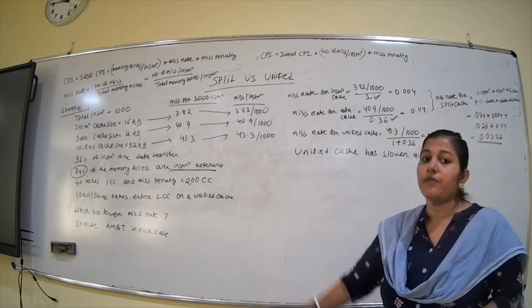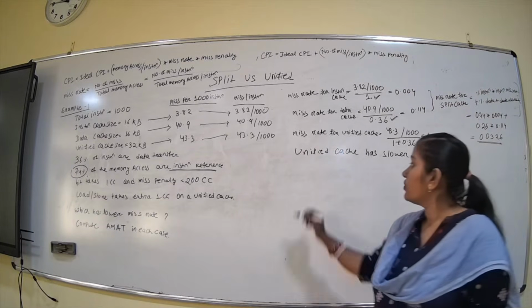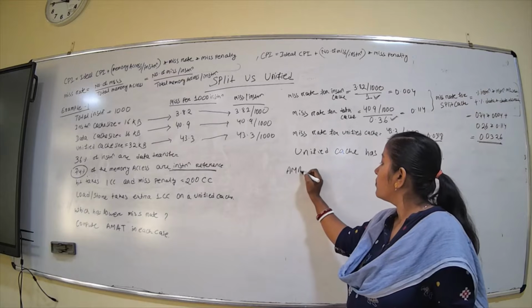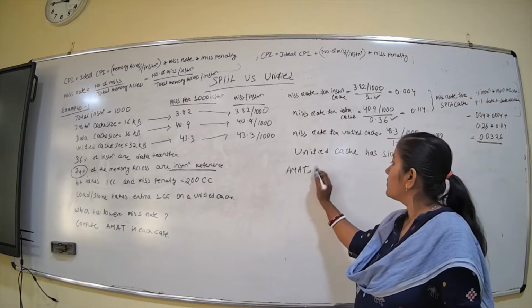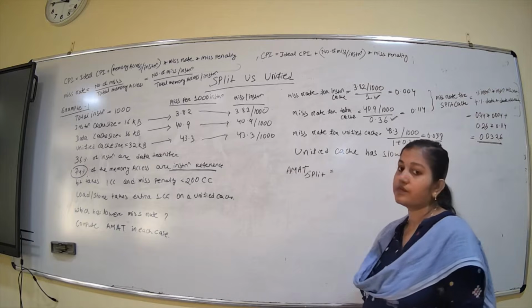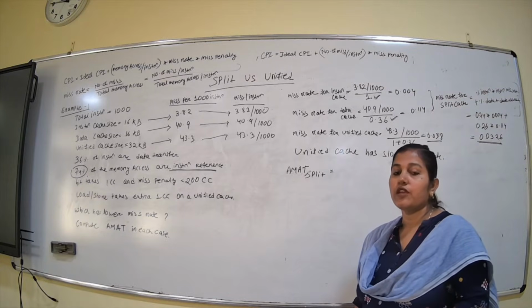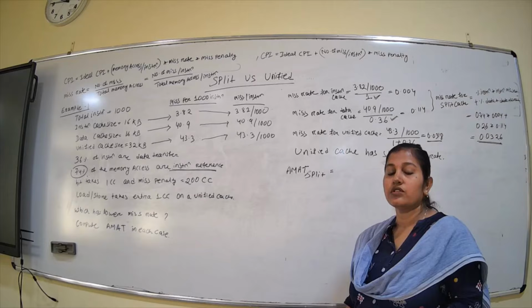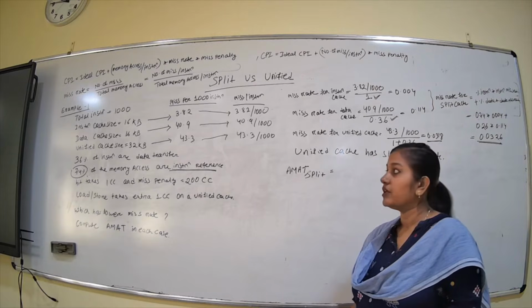Okay, now compute AMT for each case. So AMT for the split cache. How to compute AMT? Percentage of instruction into cache hit time plus miss rate into miss penalty.